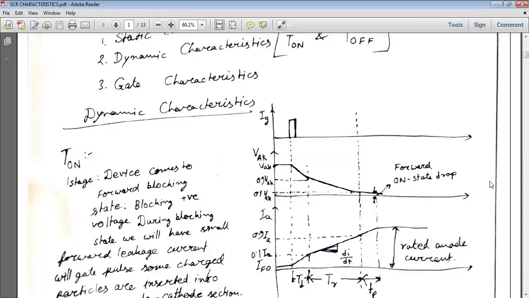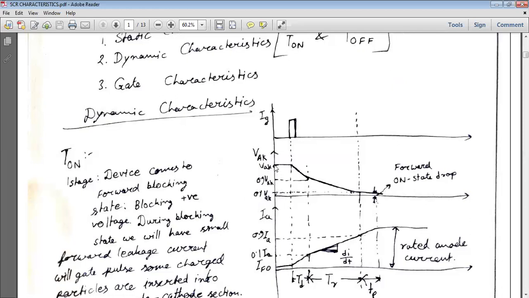As SCR is a minority charge carrier device, it stores some charge, so it takes time to come to conduction. The time it takes to reach 10% of its rated anode current is called delay time.